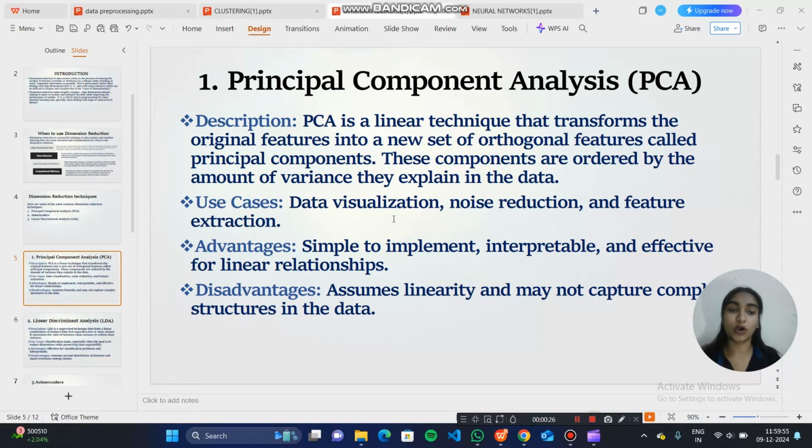These components are ordered by the amount of variance they explain in the data. It is used for data visualization, noise reduction, and feature extraction. Its advantages are that it is simple to implement, interpretable, and effective for linear relationships. Its disadvantage is that it assumes linearity and may not capture complex structures in the data.